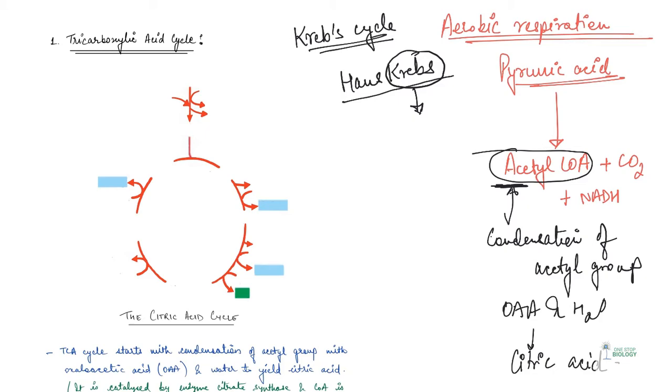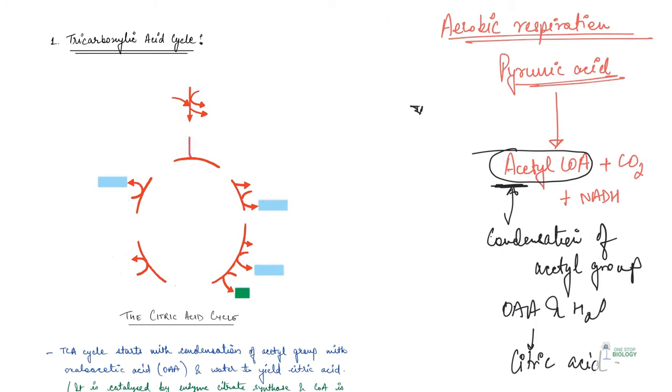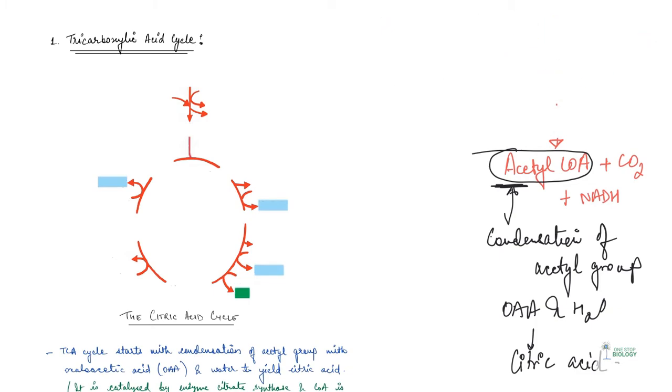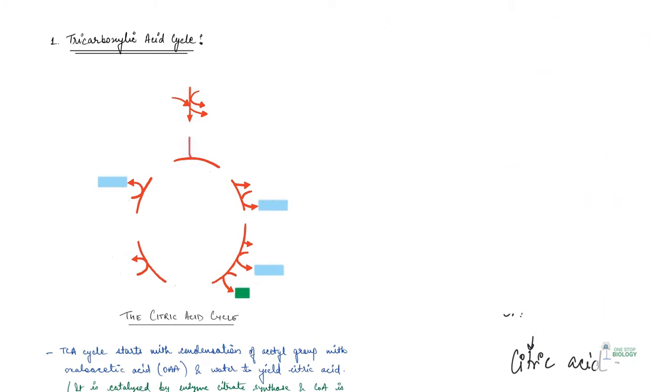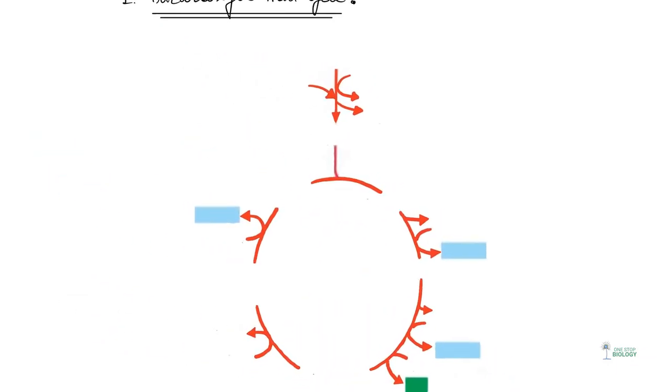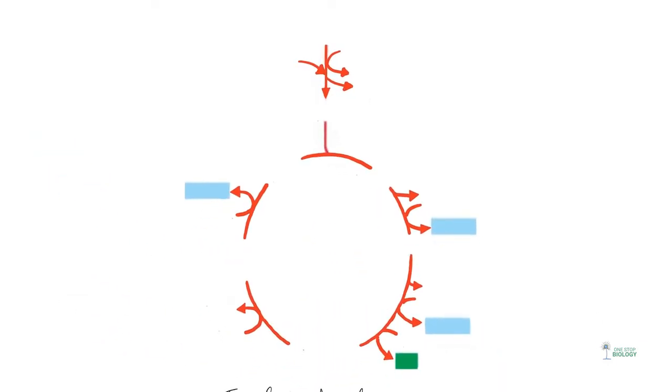Since it is a cyclic process, it will keep on repeating itself, basically, right? So let's see it from this cycle that you see here. Let's just elucidate and see what happens in this cycle. Okay, so first of all, we have what? We have pyruvate or pyruvic acid.